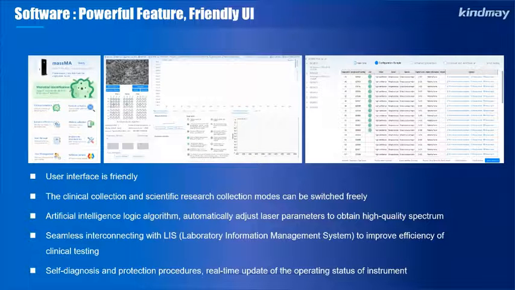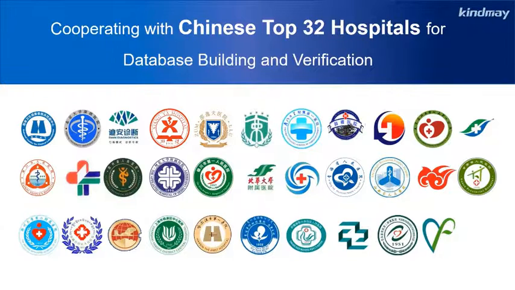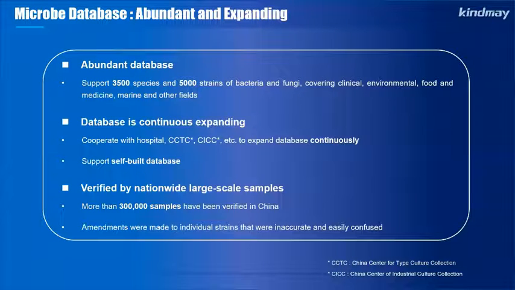Excuse me? Lewis, can you get the previous slide, please? Yeah, for the 3,500 species of bacteria, including aerobic and anaerobic, right? Yes.